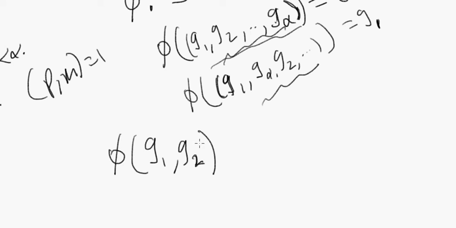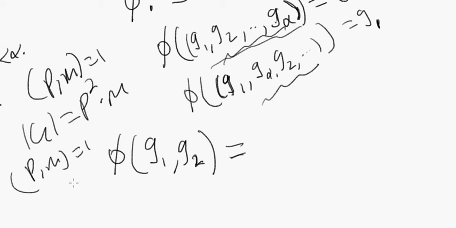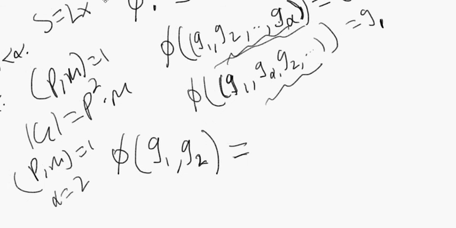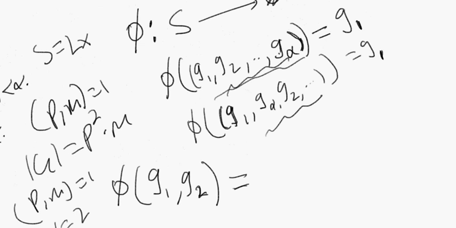Here we're saying that the order of G is p squared times m, P is relatively prime to m, and alpha is being taken to equal 2. So L is some subgroup of order P, and our group S is really just L cross L, where L has order P.